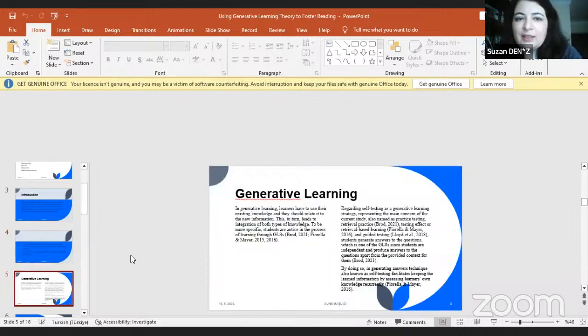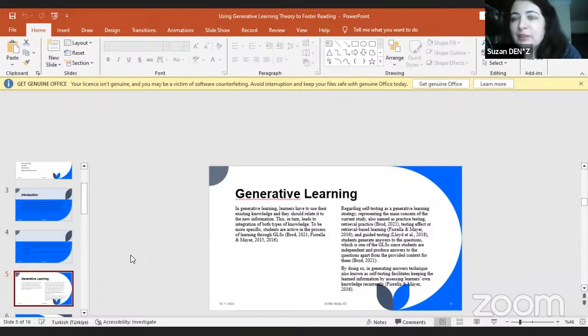Generative learning, we can say that in the scope of this strategy, learners have to use their own existing knowledge and relate it to the new information. This in turn leads to the investigation of both types of knowledge. To be more specific, students are active in the process of learning through the generative learning strategies.